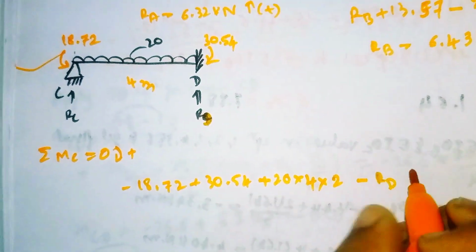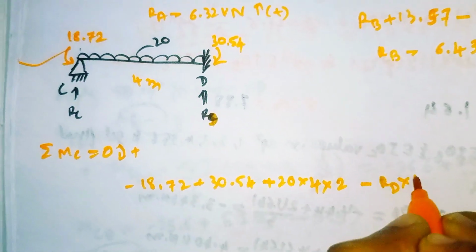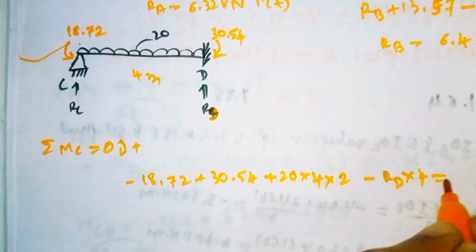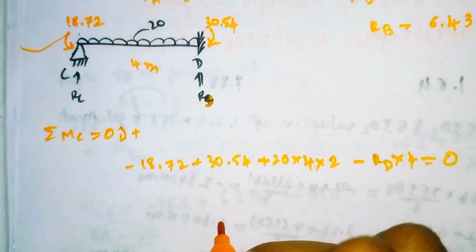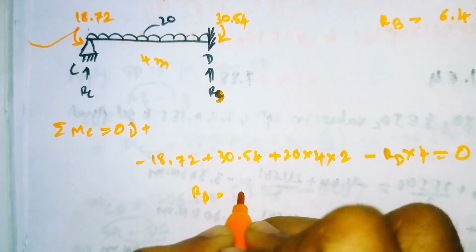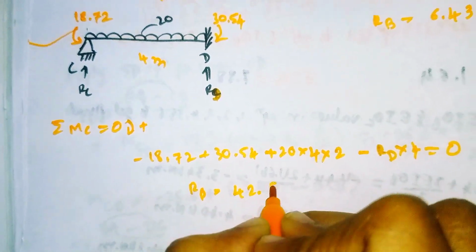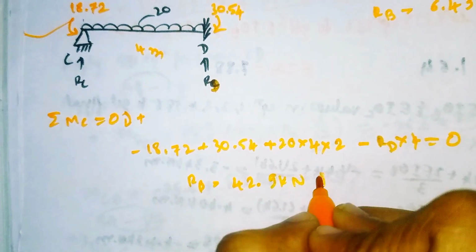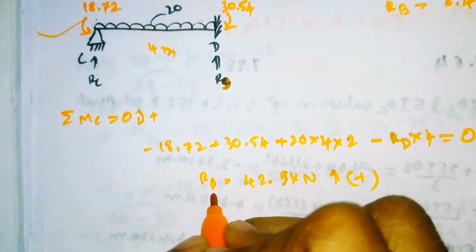RD is anti-clockwise, so RD into 4 is equal to 0. Simplify this, and it will come out as RD equal to 42.9 kilonewton. It is also upward positive.